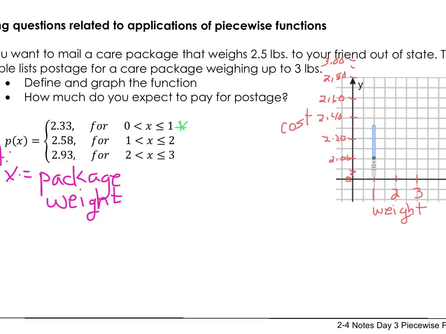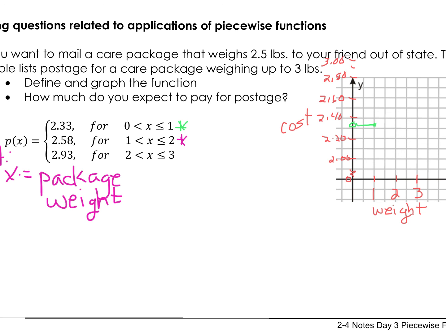So I'm going to put a closed circle there, give or take. There's your closed circle there. And then we're going to have an open circle here where the package weight is 0. And anything in between 0 and including 1 is going to have a price of $2.33.